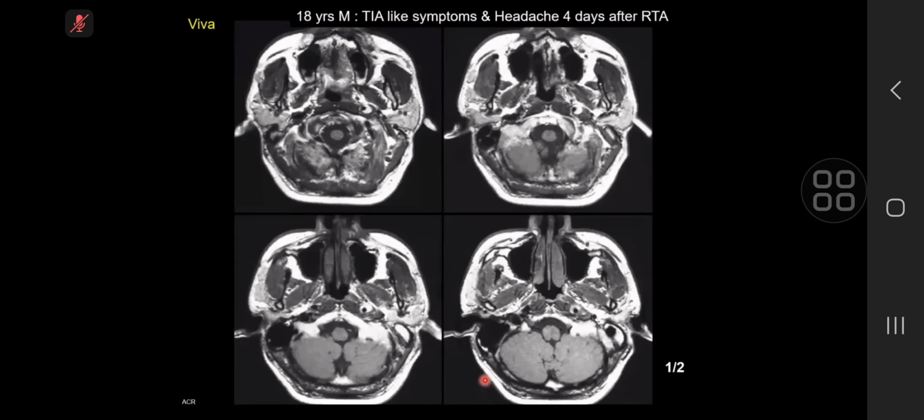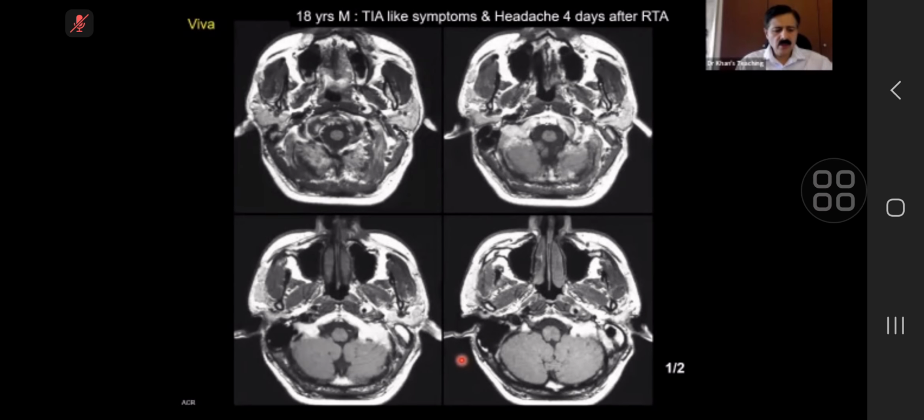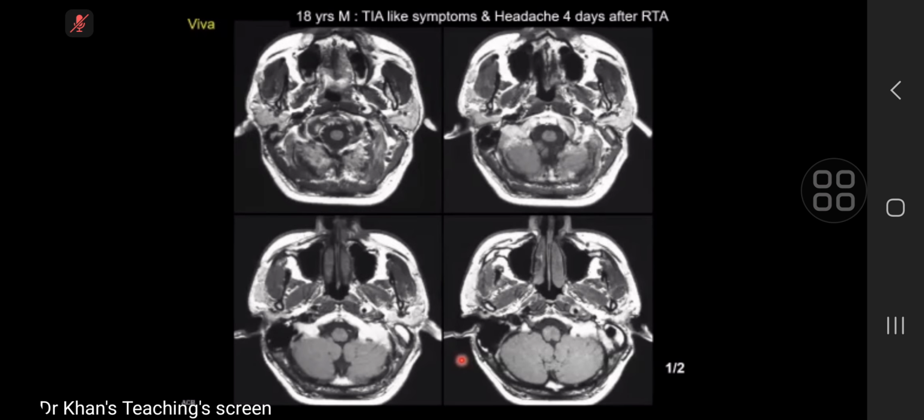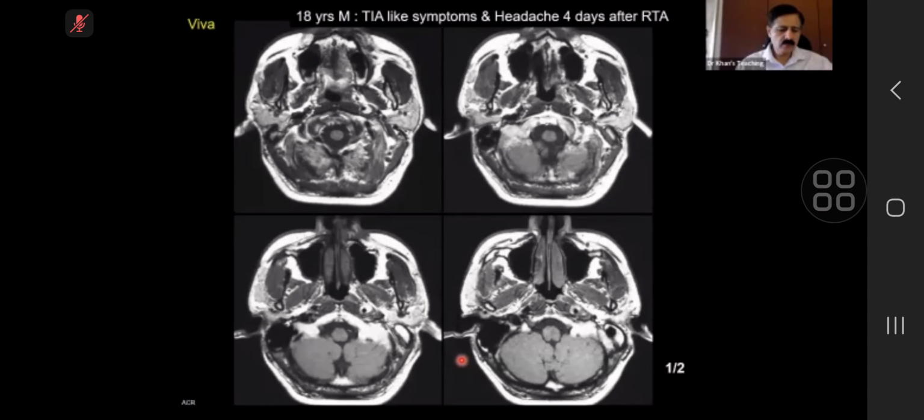I'm just trying to localize the artery, which artery would be. It's going to be the ICA, in keeping with the dissection of the left side. Okay, what will you do next?